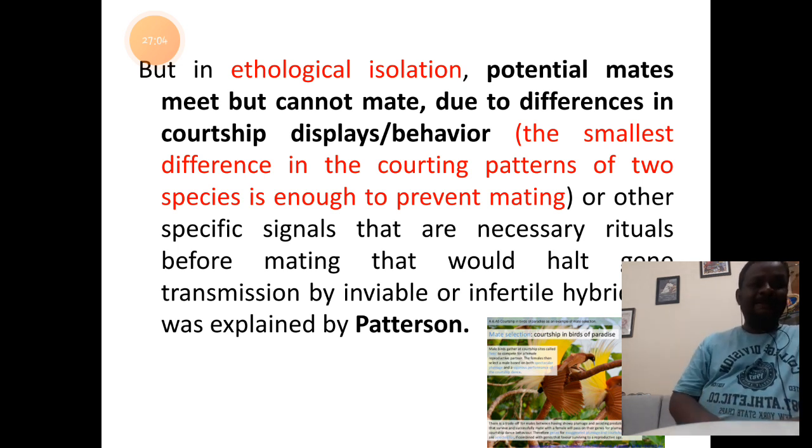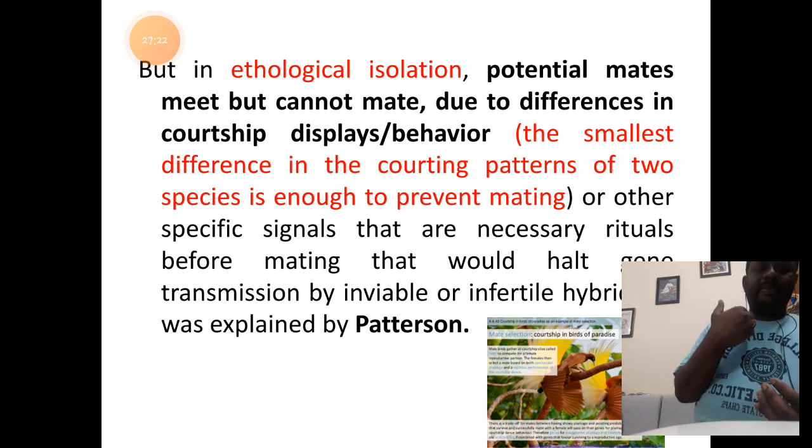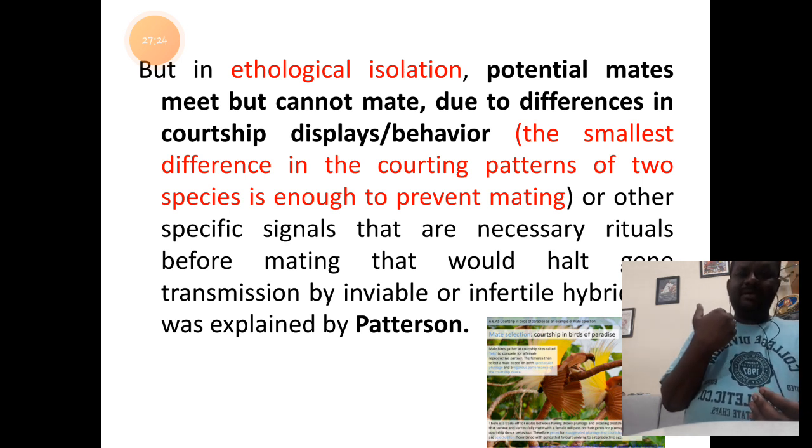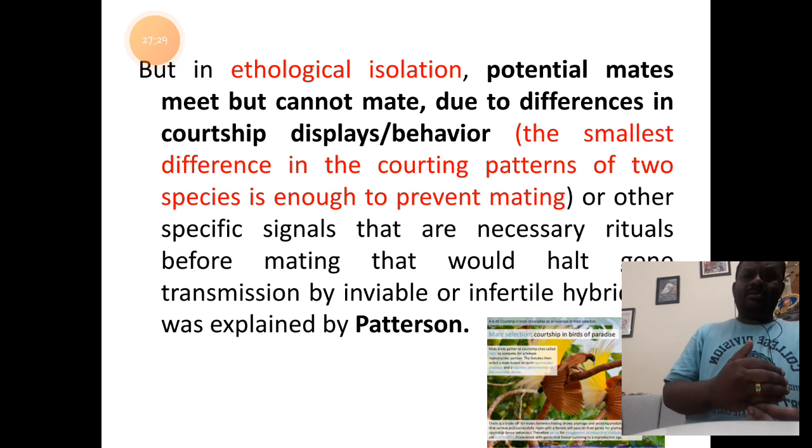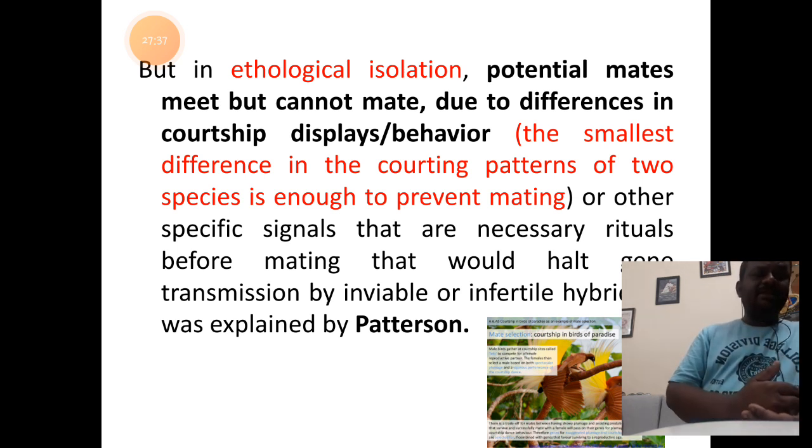It was Patterson who explained that if these specific courtship rituals are perfect, they would stop the transmission of genes that cause infertile hybrids.